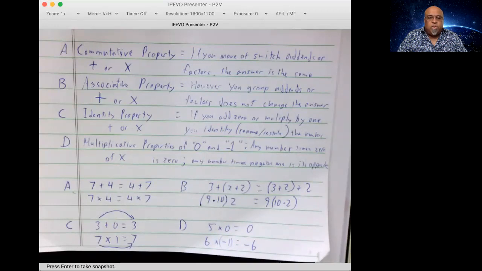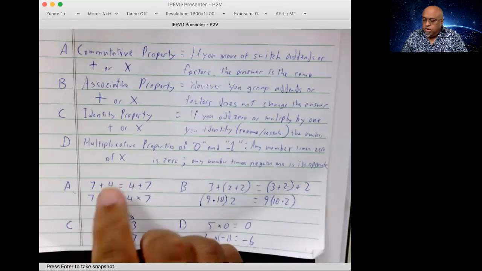If you switch, either by commuting or by reassociating, which is basically just a fancy way of saying moving your parentheses, to make them easier to add or to multiply, then you can save yourself time by doing a lot of the work in your head.